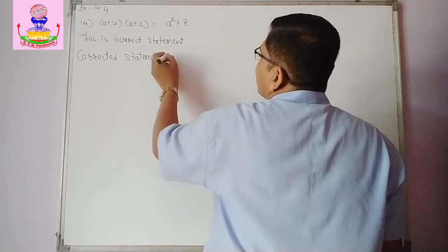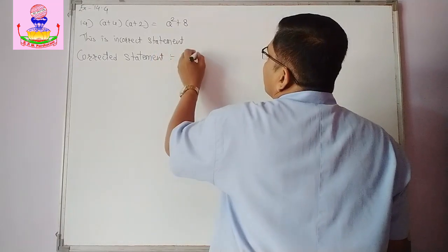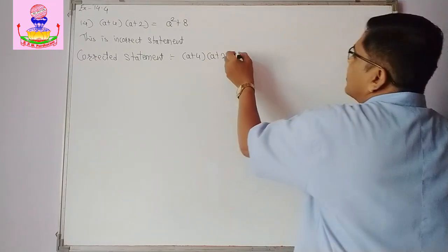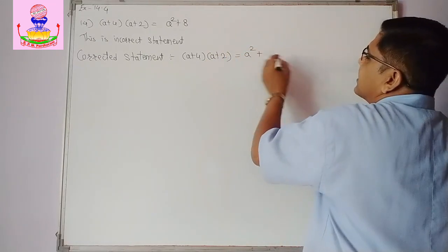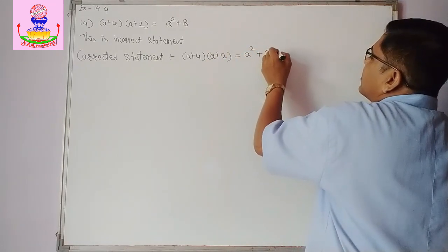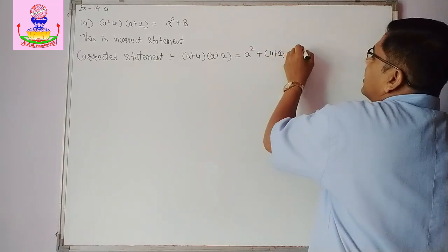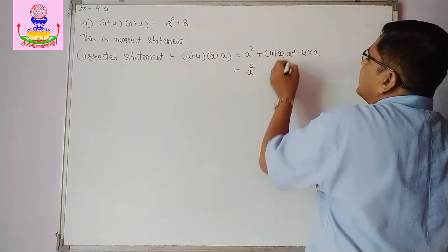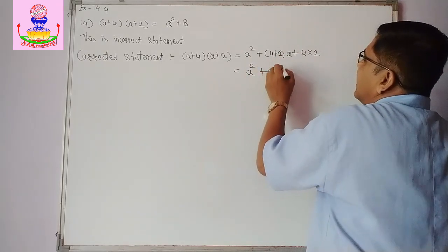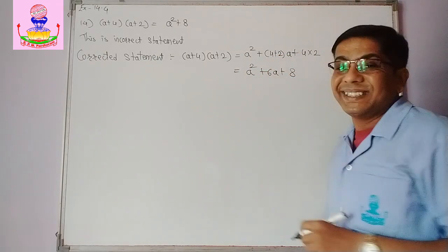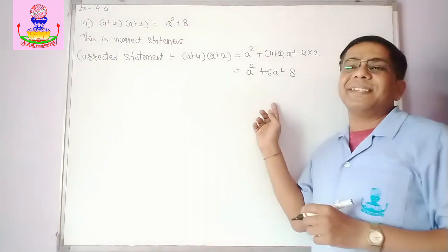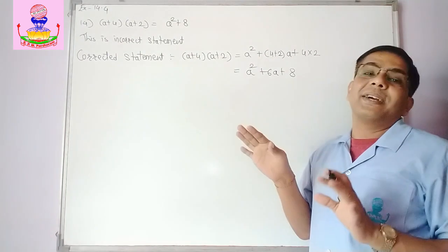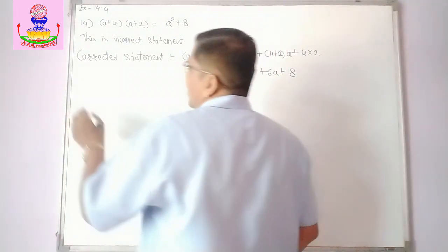What is it? (a plus 4) into (a plus 2) is equal to a square plus (4 plus 2) into a plus 4 into 2, that is equal to a square plus 6a plus 8. Which identity is that? Yes, identity number 4. So use of the identity should be made correctly.